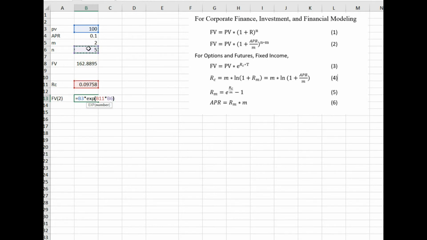Then we get the exact same result. I think the key here is to calculate the continuous compounding rate, so we apply equation number 4.